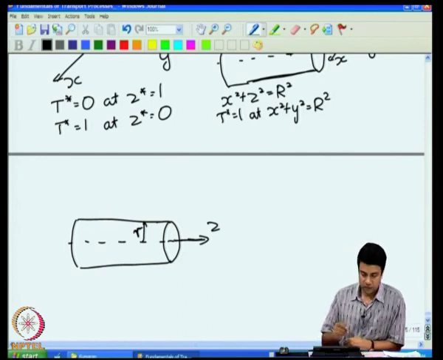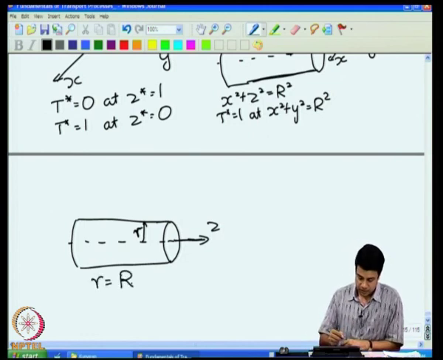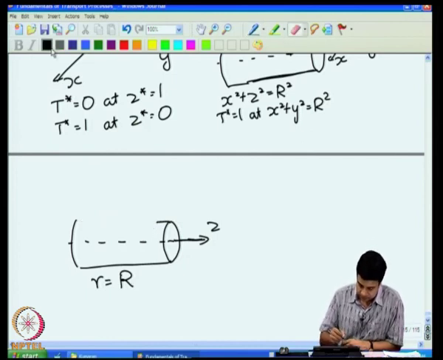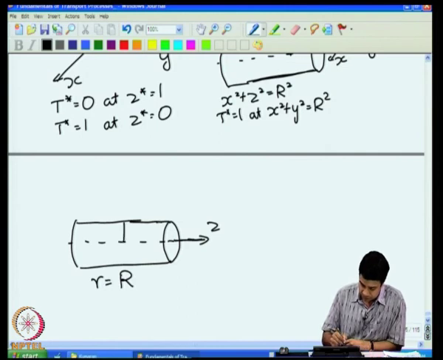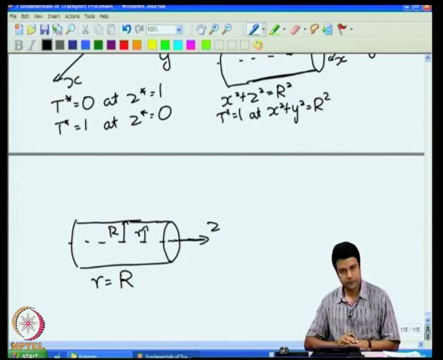Therefore, on the surface of this pipe, the r coordinate is just equal to capital R. So, let me just make that a little more clear. This is the radius R, and the distance from the center is r. So, r is the distance from the center, z is the distance along the axis from some origin. In this case, the boundary condition gets simplified in the r coordinate.